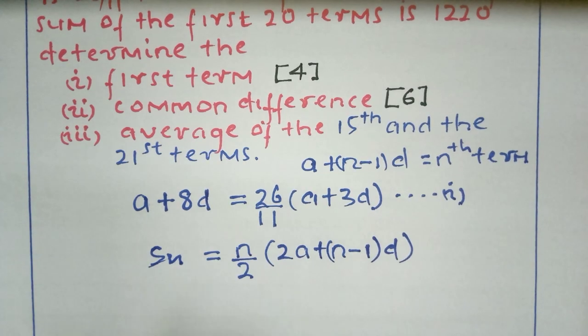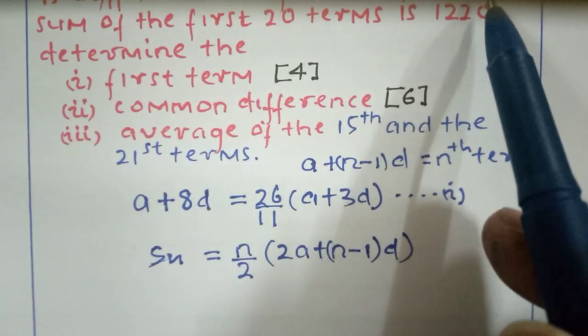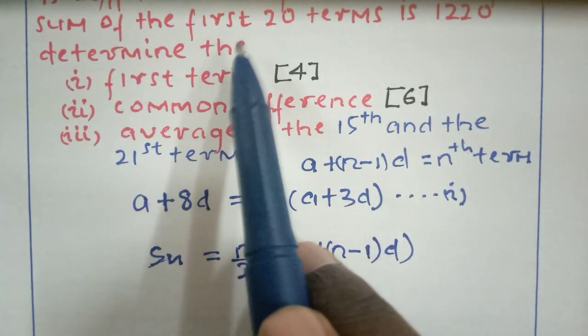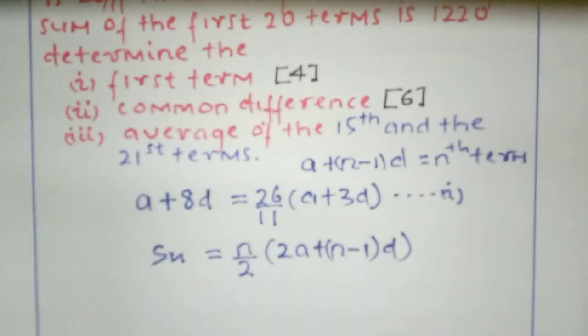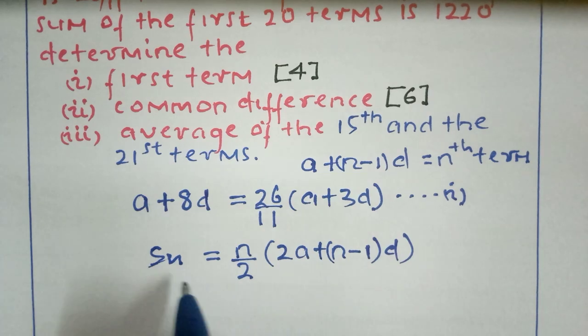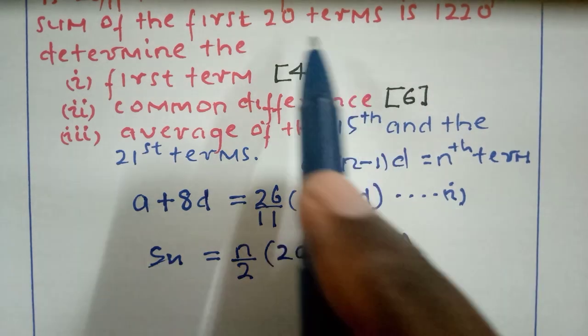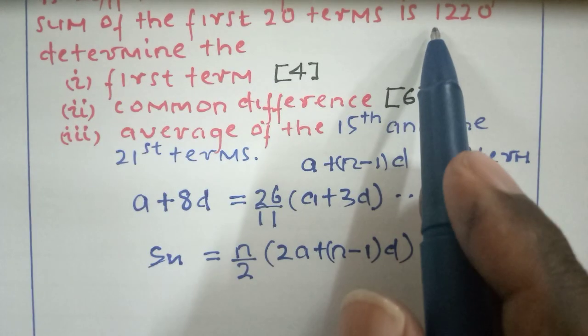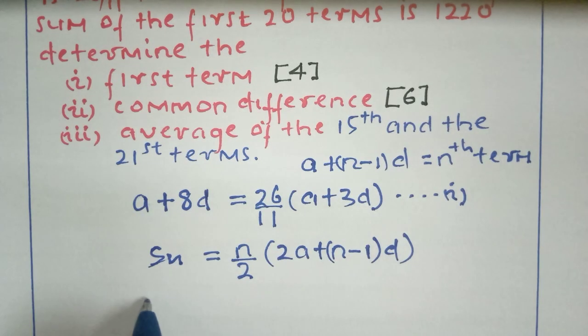So following our text here, if the sum of the first 20 terms, our n is supposed to be 20, while our sum is supposed to be 1220.